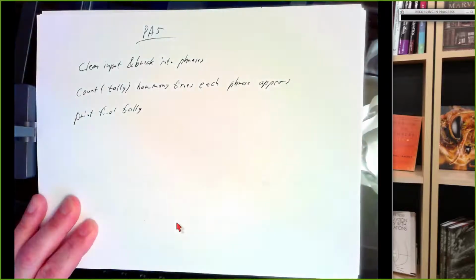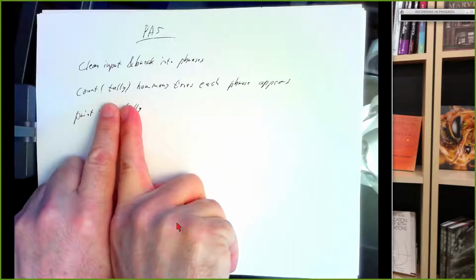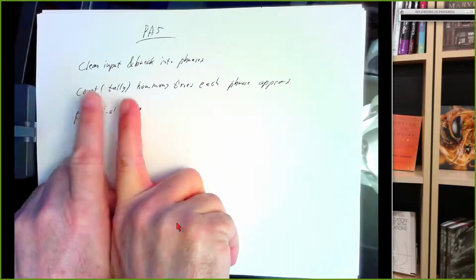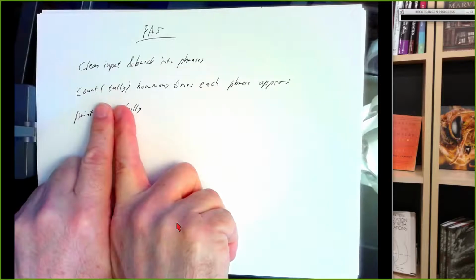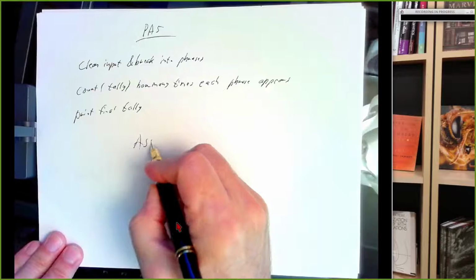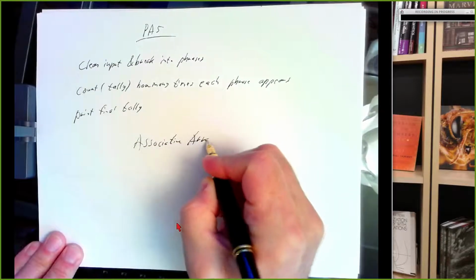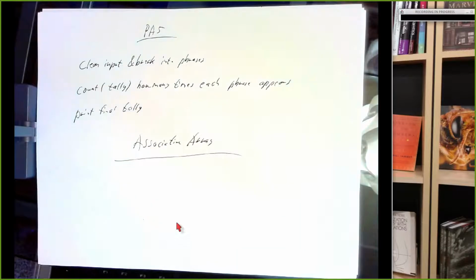And then the second step is for each phrase, let's go ahead and tally it. Let's record how many times each phrase occurs. That's what we're going to start with tomorrow, and that's going to take us into something called an associative array. And this is like the best tool you'll ever encounter in a programming language.